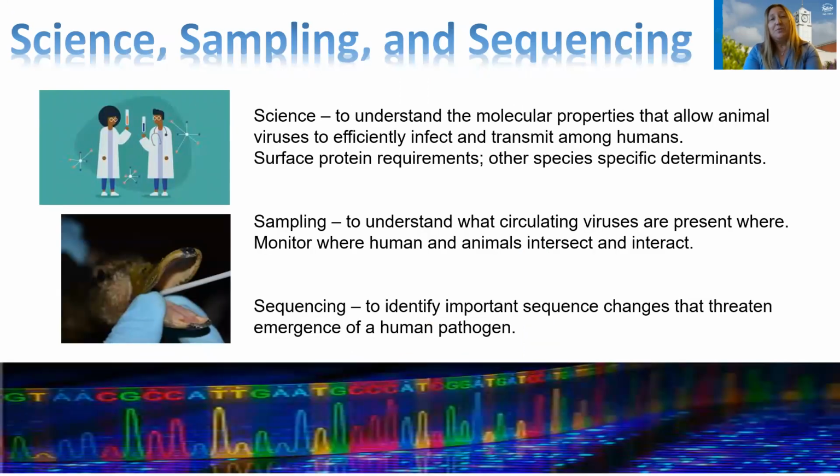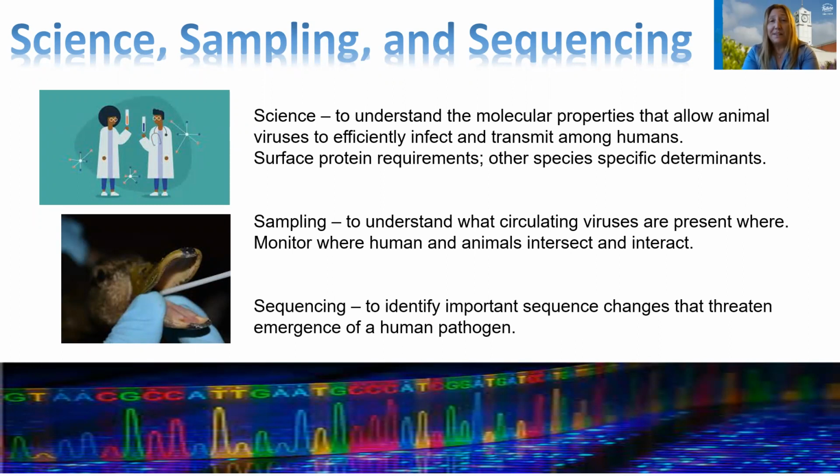So what we need to do to be prepared for these potential pathogenic viruses is we need to support science, sampling, and sequencing. We need to support and fund the science to understand the molecular properties that allow animal viruses to efficiently infect and transmit among humans. So what kind of surface protein requirements, what other species-specific determinants are important.